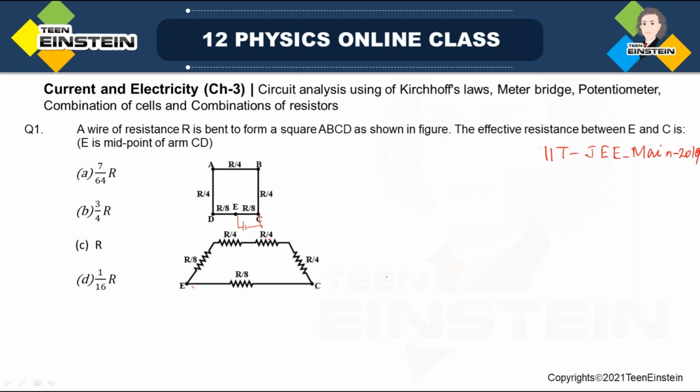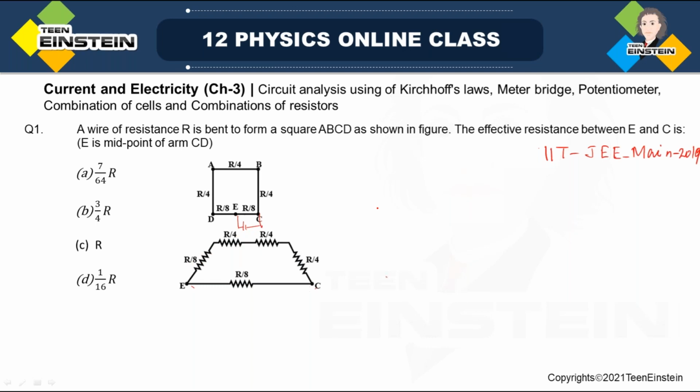As you see here, you can find out the effective resistance, that will be actually in parallel combination with this particular part. Okay, so it is a very simple problem.